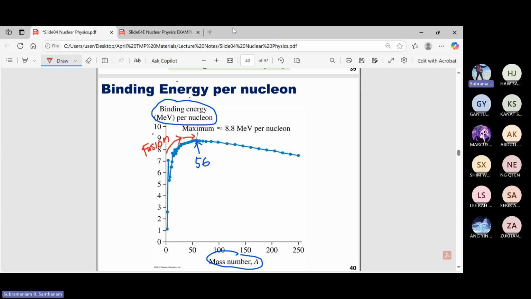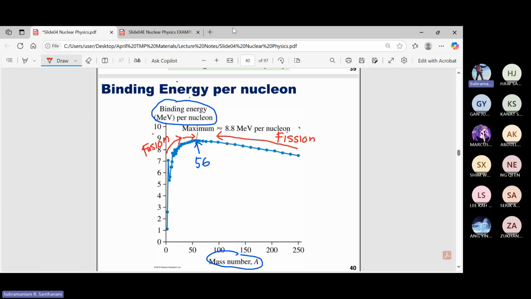If the nucleus is too heavy, for example uranium or plutonium, then they have to go through a series of fission reactions so that they can break into smaller components. So in a way, you can see the process of fusion and the process of fission take it towards the stable region, which is located somewhere around 56.